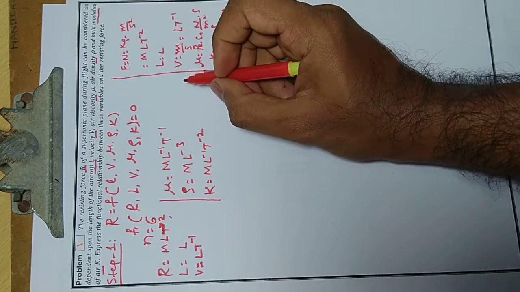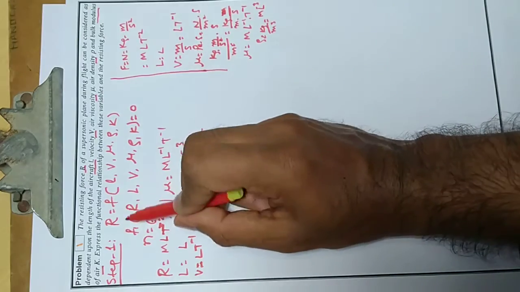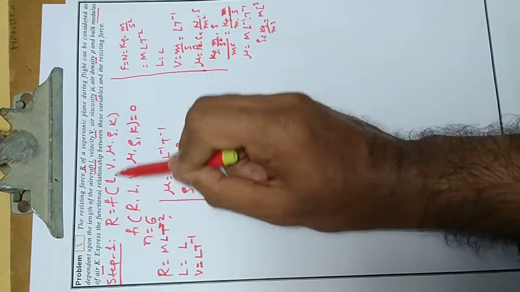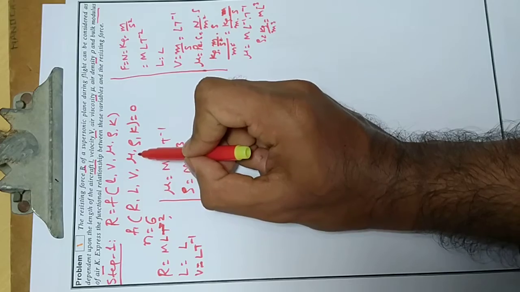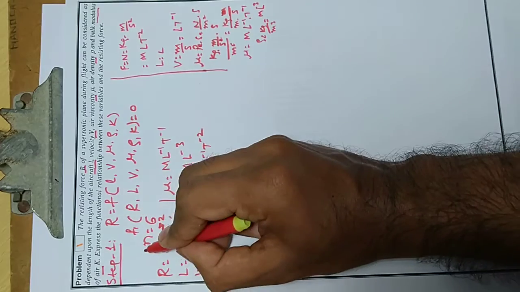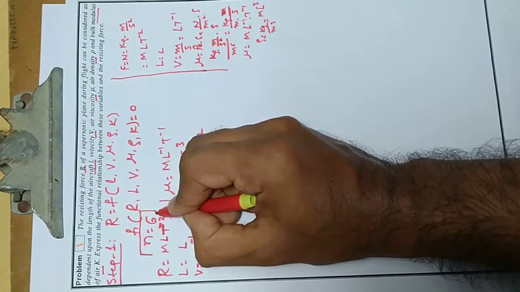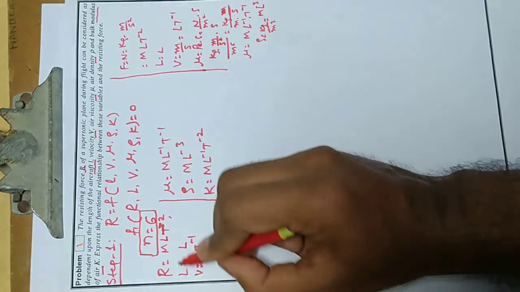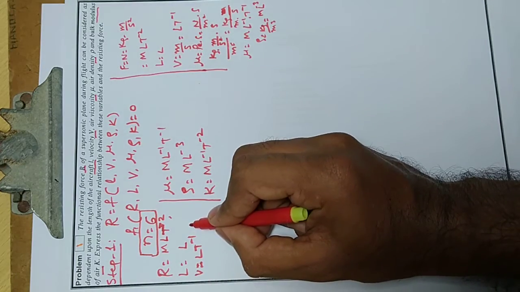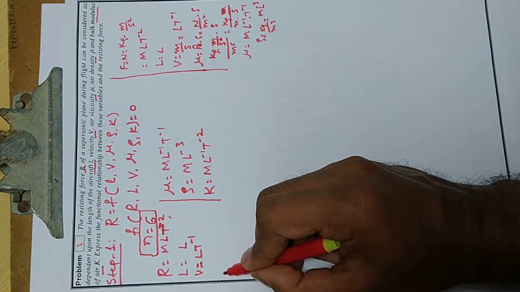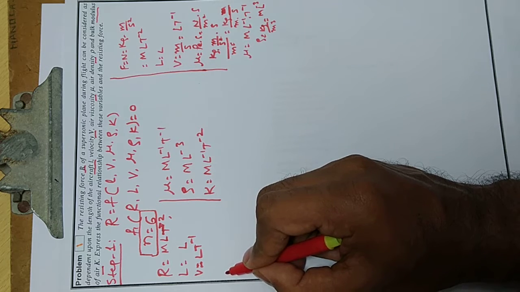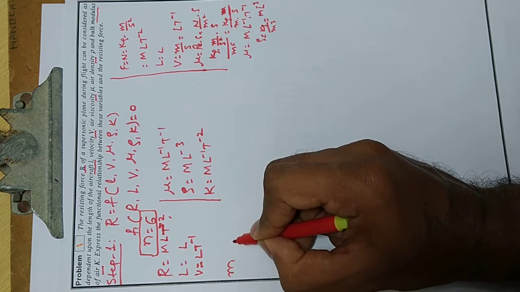First we did this one. According to the problem, we write it like this. Then we find out the total number of variables. N, the number of variables, is 6. Next, we have to write the dimensions, then find the fundamental dimensions.